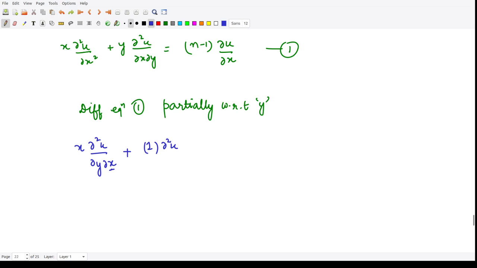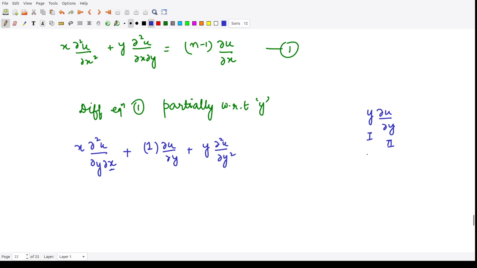I'm sorry, here it should be del u by del y. Why? Because the term here was y into del u by del y. This was the term, this is our first term, this is the second term.